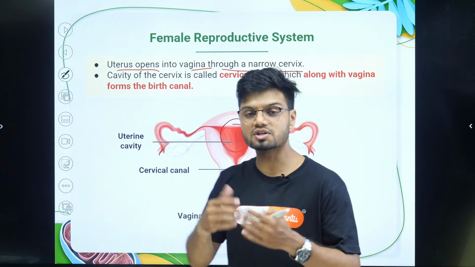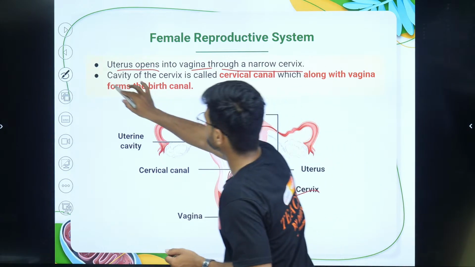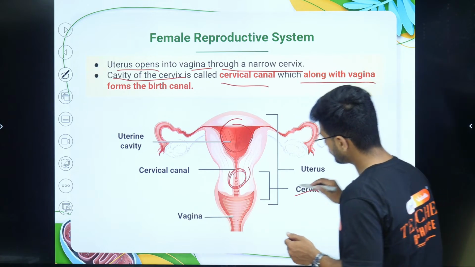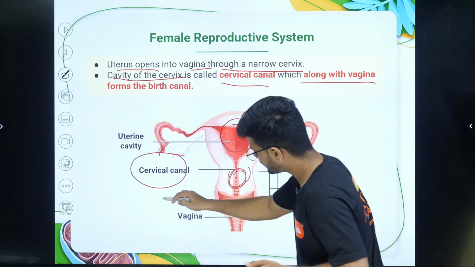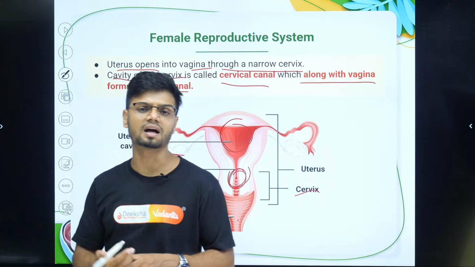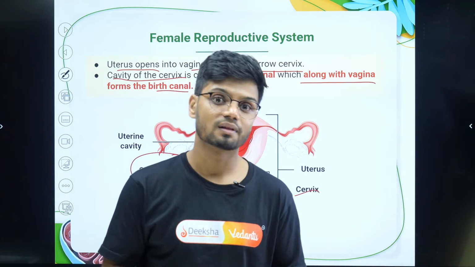Uterus. Between the vagina and uterus there is the cervix. So cervix plus cavity of cervix is called the cervical canal, which along with vagina, so cervical canal plus vagina is called what? Birth canal. Why birth canal? Because that is the exact place where the birth of the child happens.